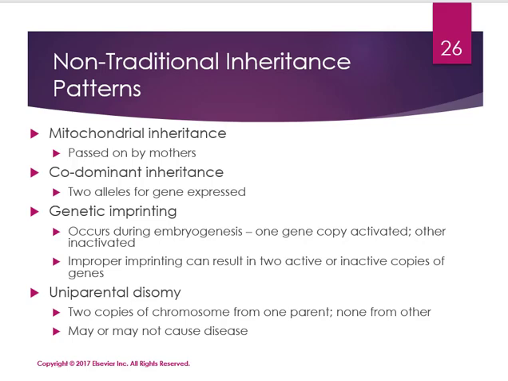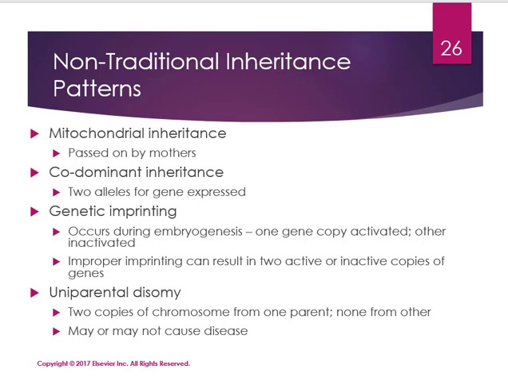Next is genetic imprinting, and this occurs during embryogenesis, where one gene copy is activated and another is inactivated. So if there's been improper imprinting, this can result in two active or inactive copies of a gene. An example of this would be Angelman syndrome.